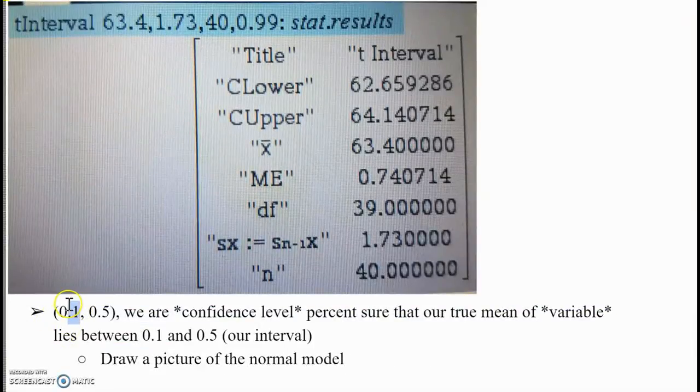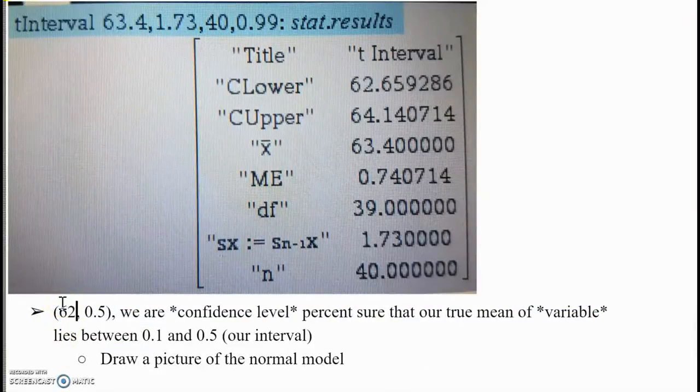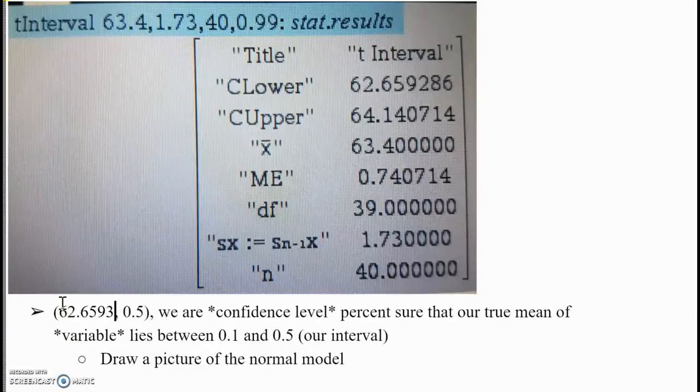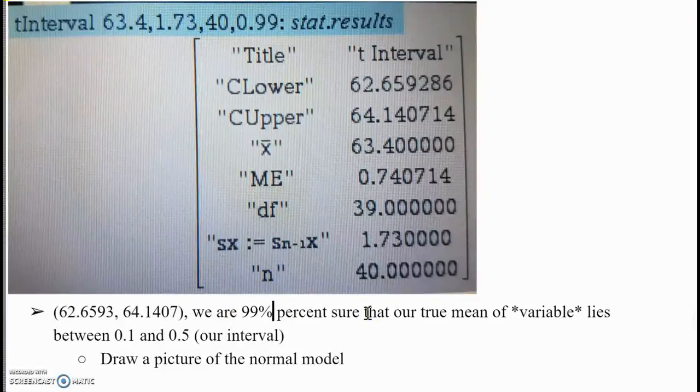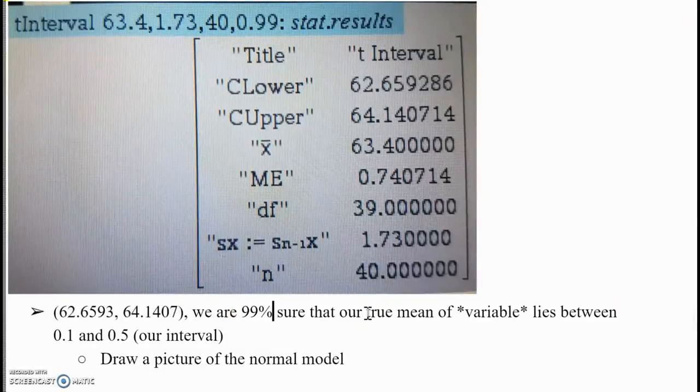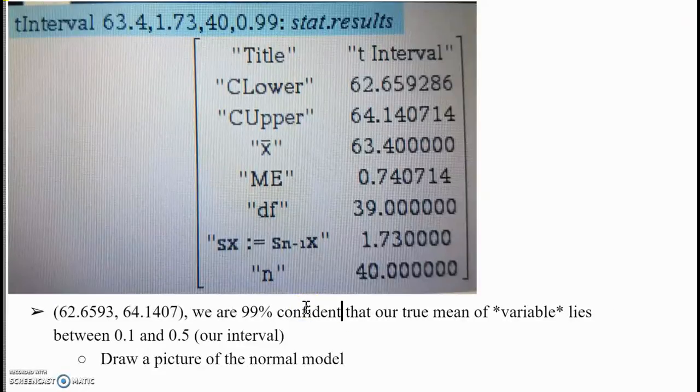So let's take a look at what our interval is. 63.6593, which I rounded, comma, 64.1407. So that is our interval, and we are 99% sure, or certain, or confident. I'm going to write confident because I like that.